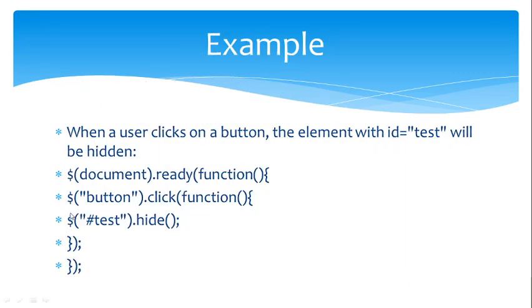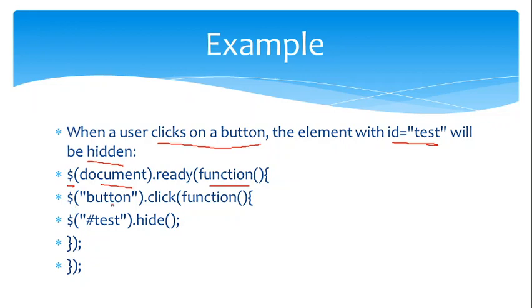So what we are doing here now is the same problem but using the id. When a user clicks a button, the element with the id will be hidden. Okay, whichever element has the test id should be hidden. So $(document).ready(function), we are making the function ready.